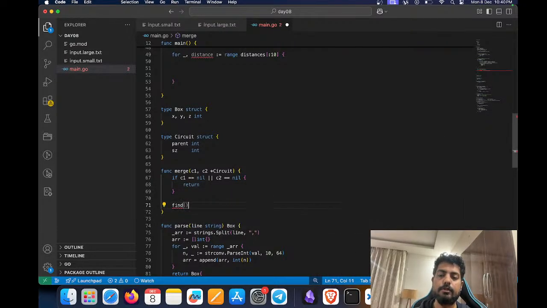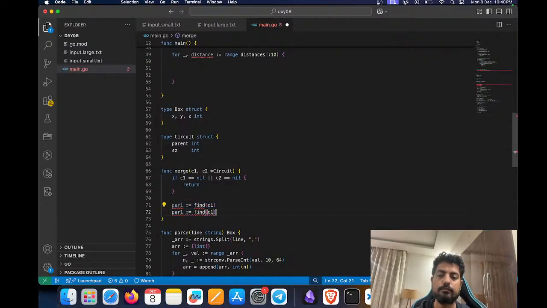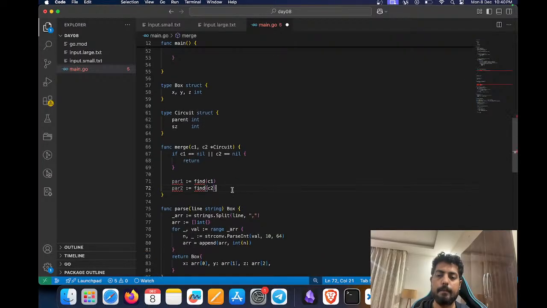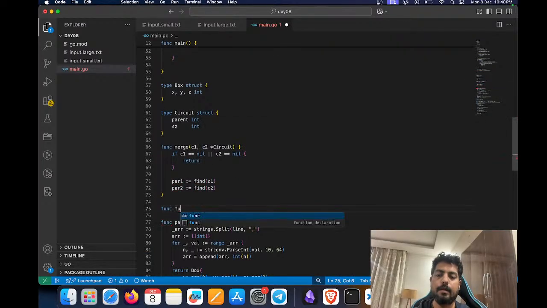I think there is a function called find. We must find the parent of circuit 1, and we find the parent of circuit 2, just going to this find function.